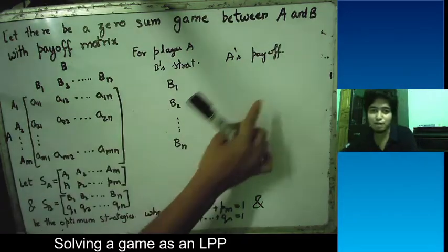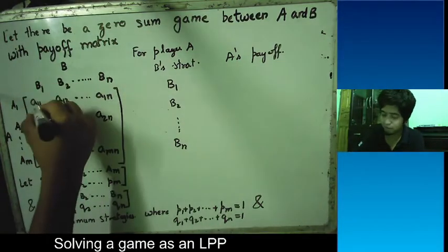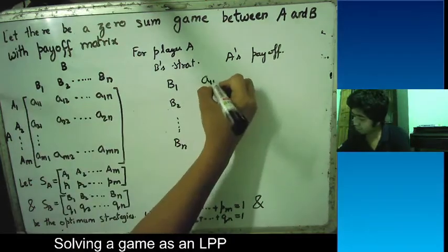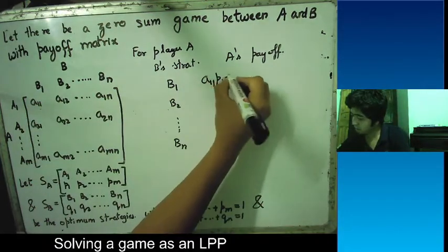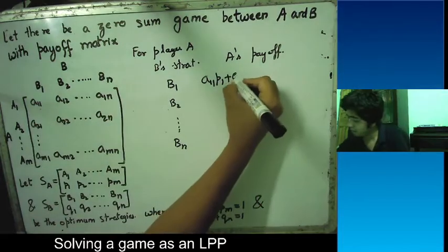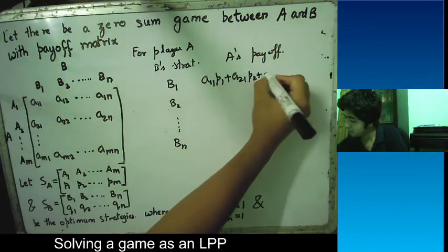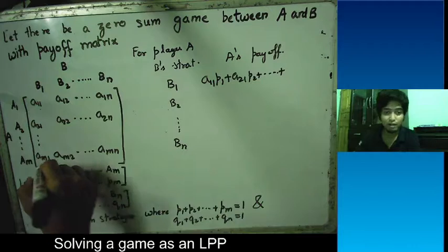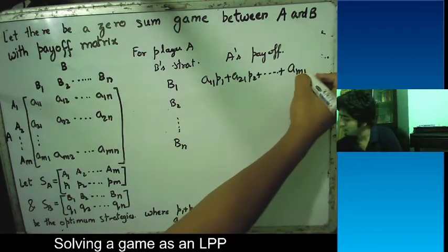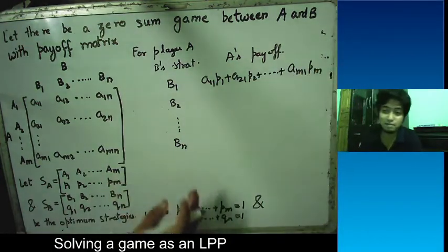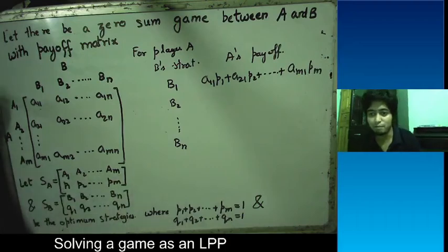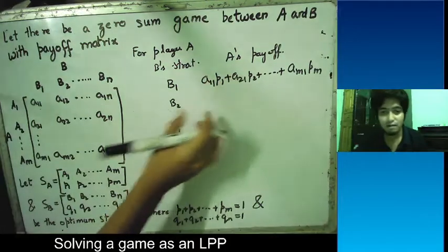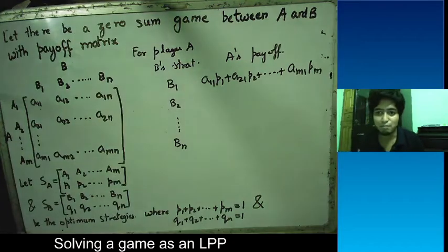And what is A's payoff? If it is B1, it will be A11 P1 plus A21 P2 plus up to Am1 Pm. These are the payoffs for player A when the strategy is B1.